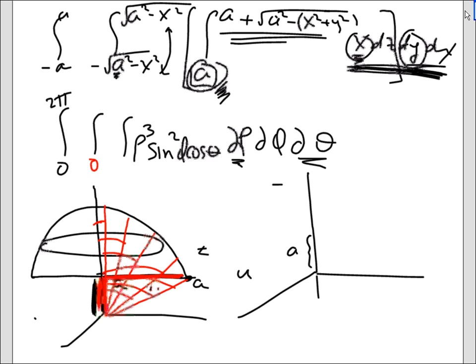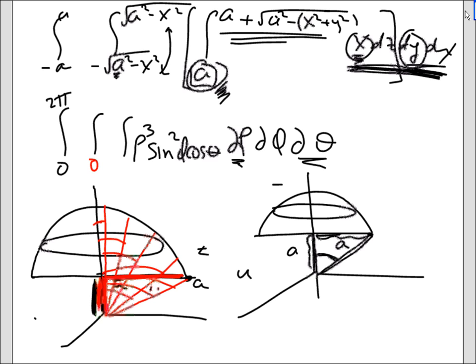This is A, and that's A. And there is our hemisphere. This angle that I just drew is 45 degrees, because this is A and this is A. It's a 45-degree triangle. Phi goes from 0 to pi over 4.